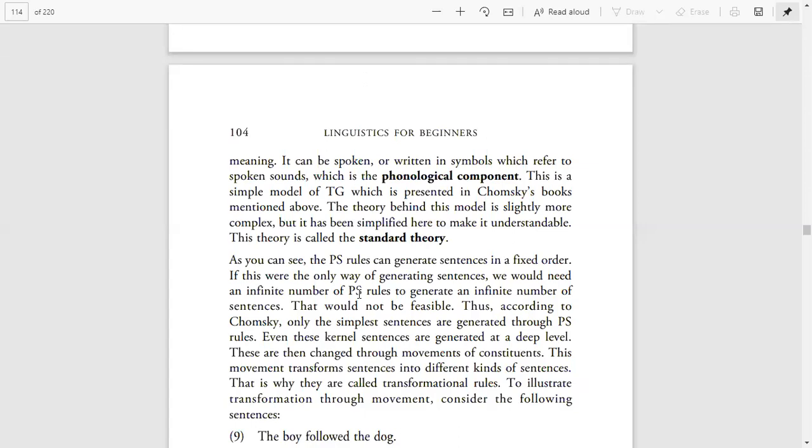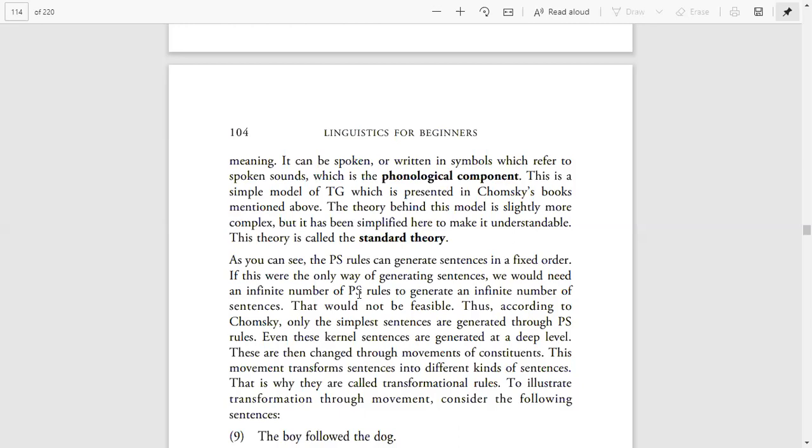So if we suppose that PS rules are the only rules we have for generating sentences, what would we need? We would need an infinite number of PS rules to generate an infinite number of sentences. That would not be feasible, of course.